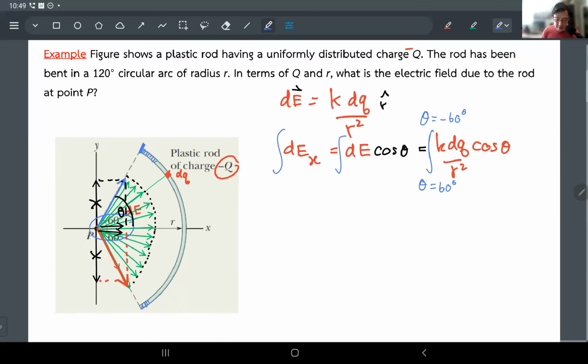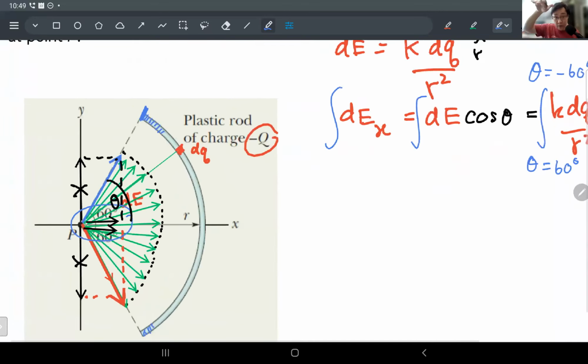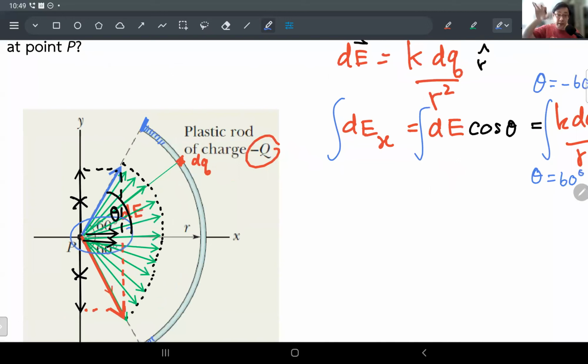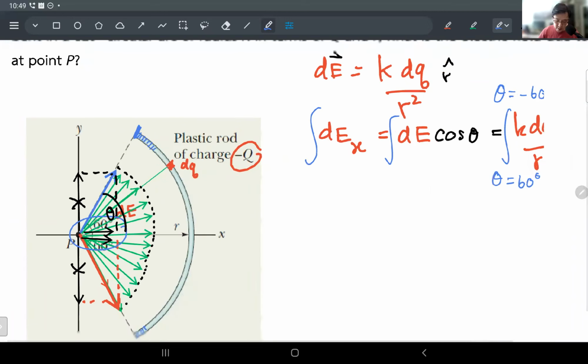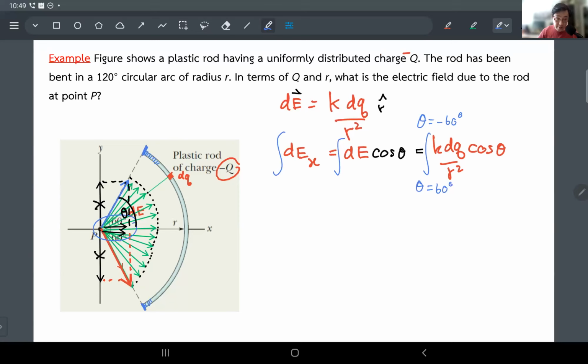The reason I use negative 60 is because now you go below, opposite to the one that's going upward there. So that's your last cut right here, down here, at the negative 60. Once you get that, that is your net electric field along the x-axis, and that will be your final electric field as well.